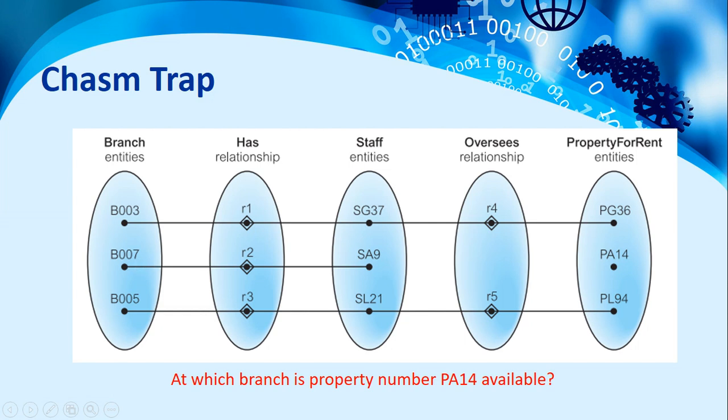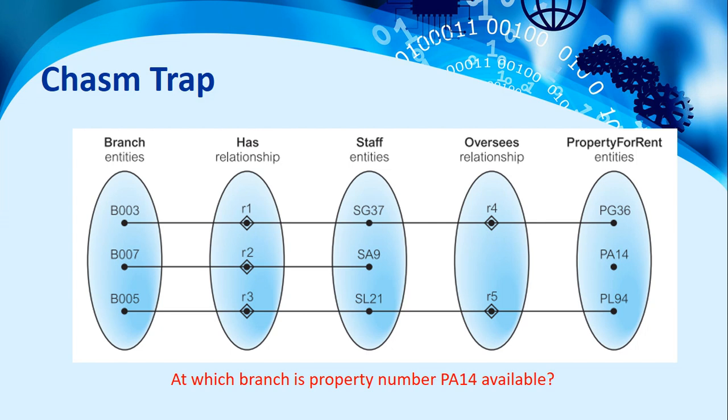So the inability to answer this question is considered to be a loss of information. As we know, alam naman natin na a property should be available at a branch. No? And of course, since obviously there's something wrong, specifically ito dahil nga may optional participation between one or more entities, so that is why we have a chasm trap.